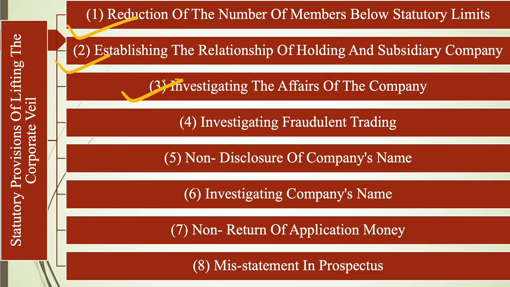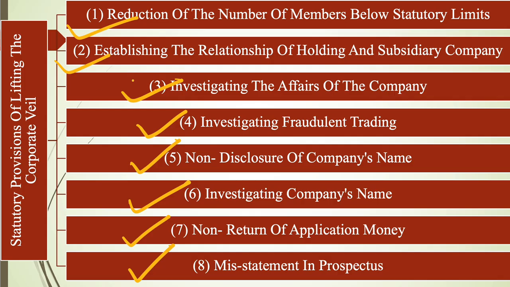Third is investigating the affairs of the company. Fourth is investigating fraudulent trading. Fifth is non-disclosure of company's name. Sixth is investigating company's name. Seventh is non-return of application money. And the last is misstatement in prospectus. So these are the different statutory conditions of lifting the corporate veil of Indian companies.